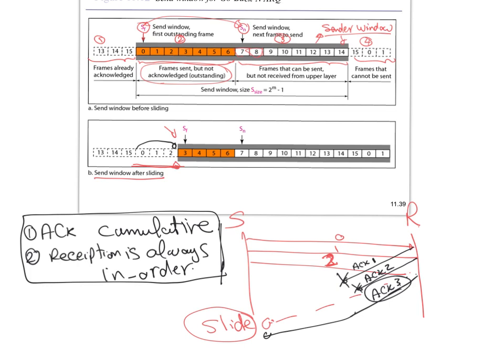Not only do we utilize the channel more efficiently, even if some acknowledgements are lost, acknowledgements are in nature cumulative, so receiving one acknowledgement may override all the previous ones. This is reflected here by the fact that we can slide the window more than one position in one shot. That's a very good feature of Go-Back-N.